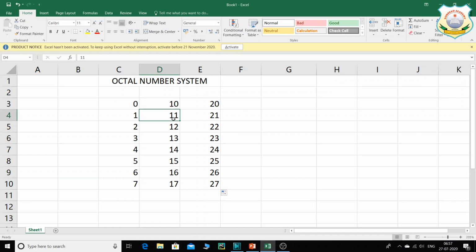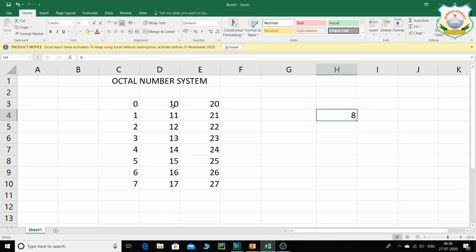What we did for binary, for example, was take a decimal number and convert that into binary by dividing it by 2. The same approach applies here.